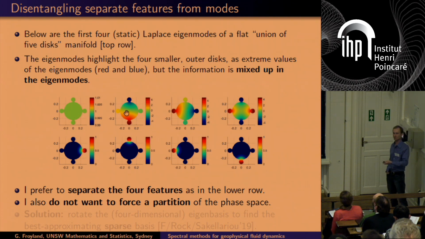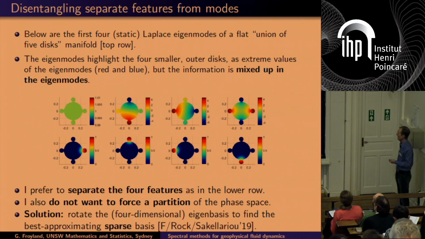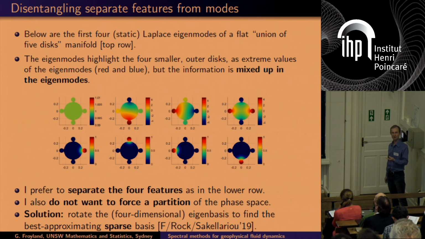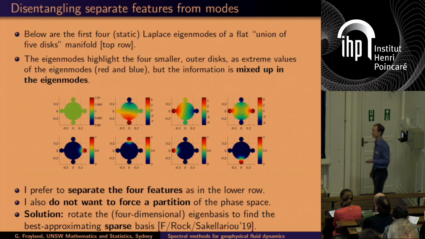So I don't necessarily want to include the big disk. So the solution is to take this eigenspace, take the space spanned by these 4 vectors, and rotate it to get a best approximating sparse space. Okay? And why sparse? Because I want to have minimal support, just one feature in each of the vectors. So minimizing the support is consistent with sparsity.